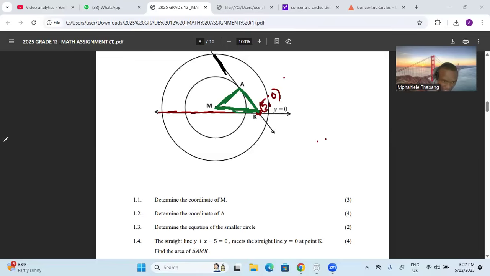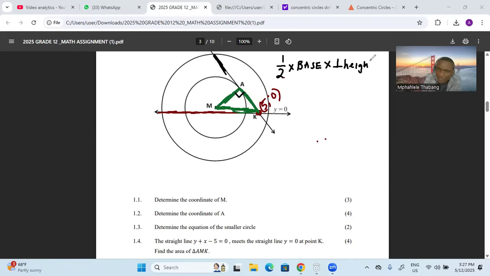Do not forget that at A, the angle here is 90 degrees. So triangle AMK is a right angle triangle, and we are looking for its area. How do we find the area of a right angle triangle? We just say half times base times perpendicular height.